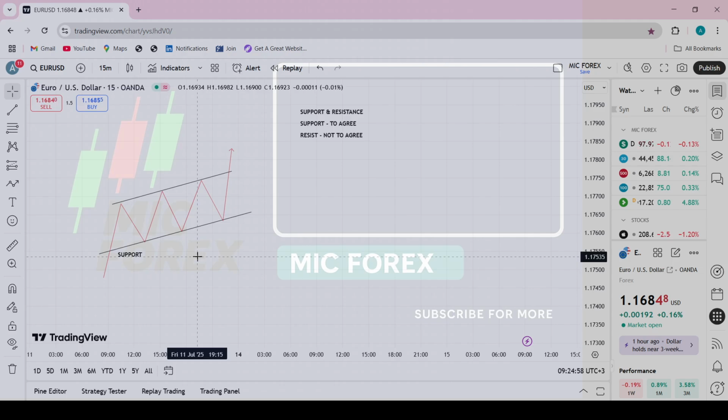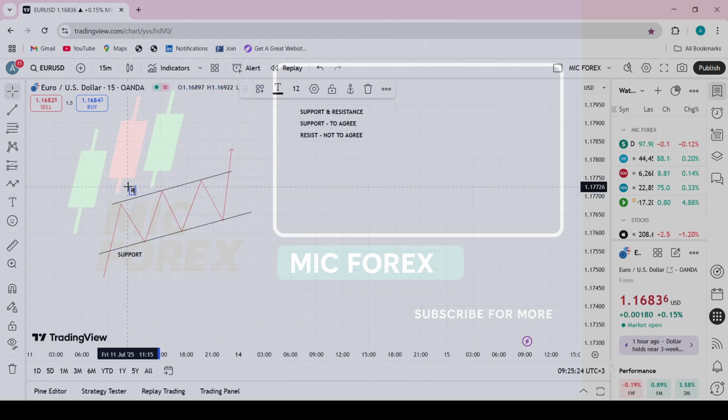In finance terms or in economics, we call it price ceilings and price floors. This is a floor. Floor means where you put your tiles, where you put your cement. So this is the ground, if I may say so, and this is the ceiling. But in forex, we don't call it ceiling. We call this one the resistance.